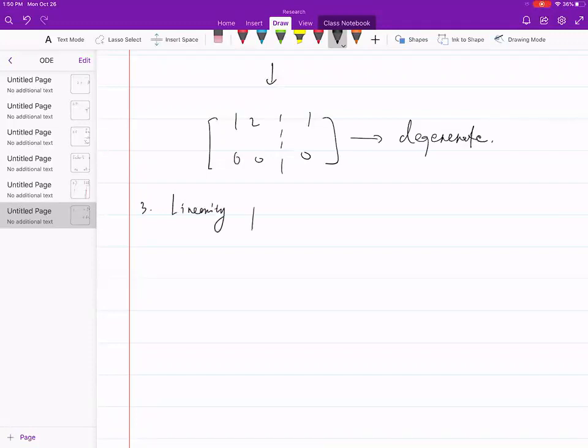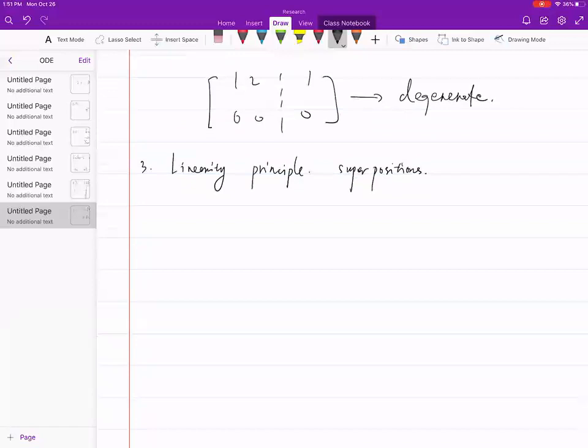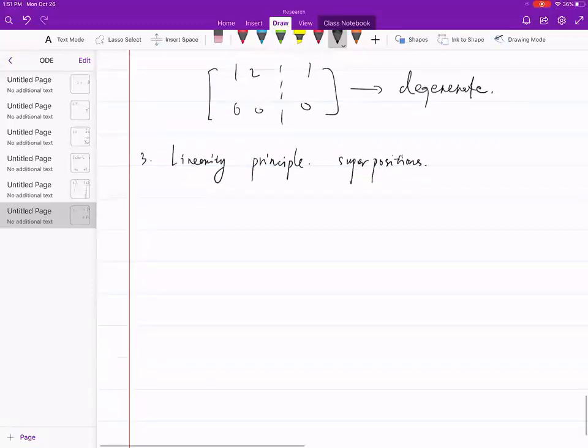All right. Third, the linearity principle, or you can call it the principle of superposition. The idea is quite easy.